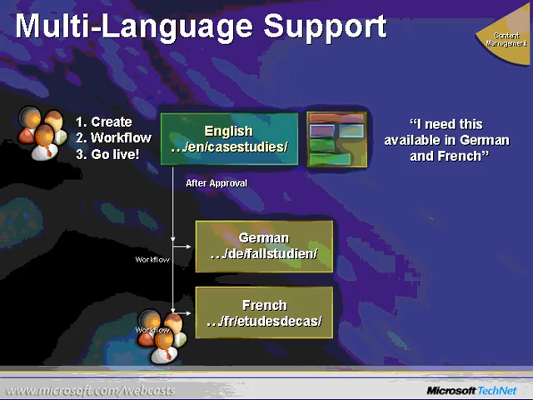Then you create a relationship, and anytime a web page gets approved in the English site, it will kick that off to the German and French sites. Now we don't automatically translate, but we provide this orchestration technology that allows an organization to really have a multilingual publishing environment.